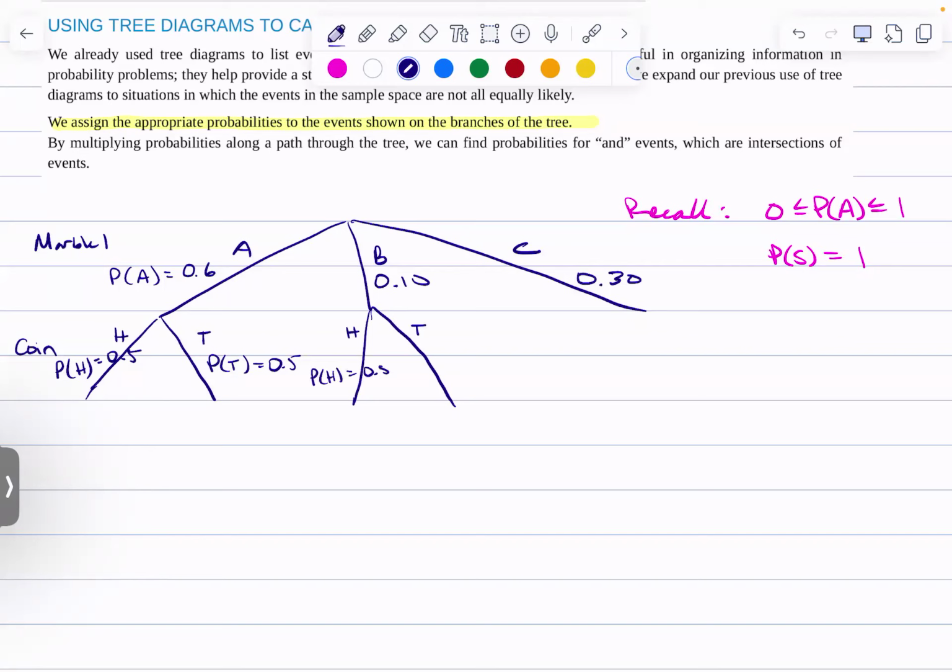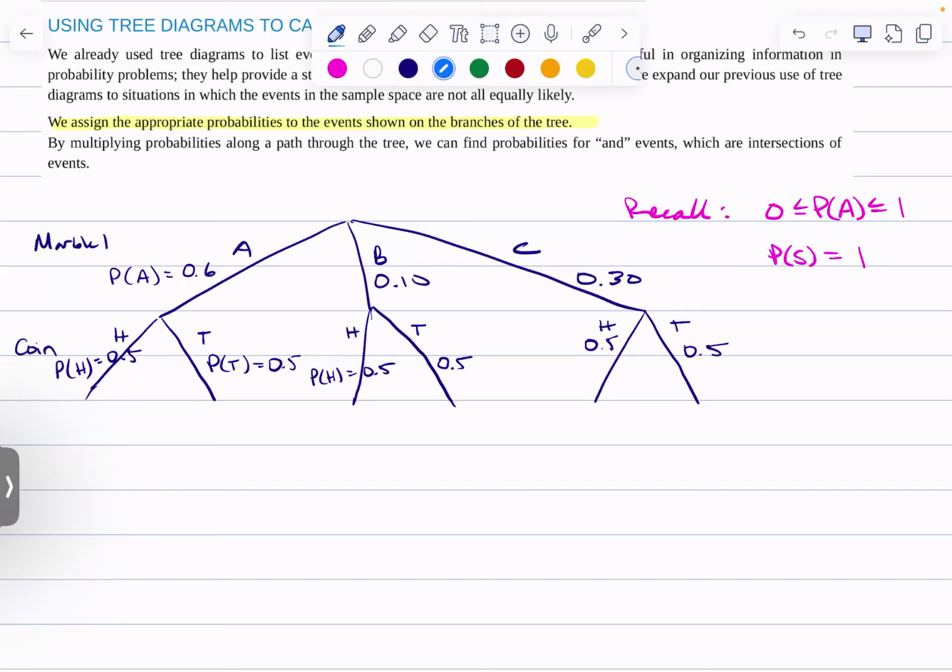Probability of heads is 0.5. Now, usually I get lazy and I don't write the probability aspect. I just say 0.5. So I just write what the probability is. Heads, tails, 0.5, 0.5.